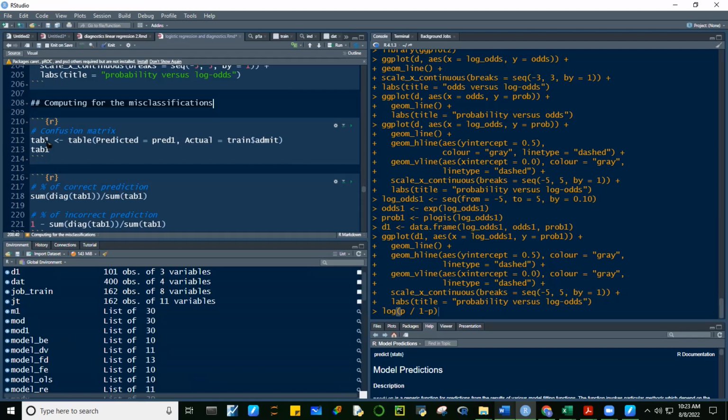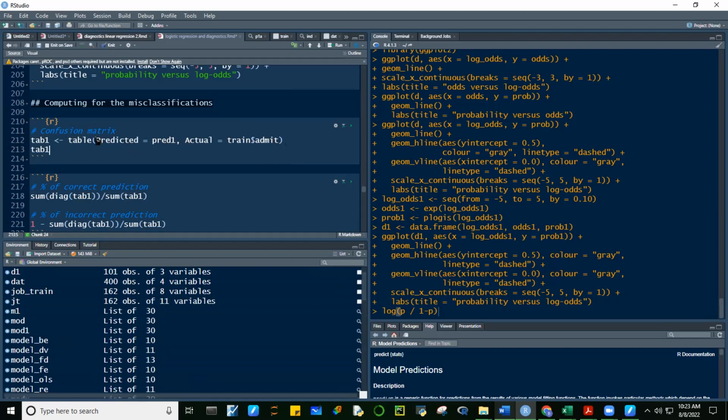Okay. Here we're creating this object called tab1 and then we use this function table. Okay? So yung table, i-identify ko ano yung x at saka kung ano yung y. Okay, if you recall, ano ba si pred1?